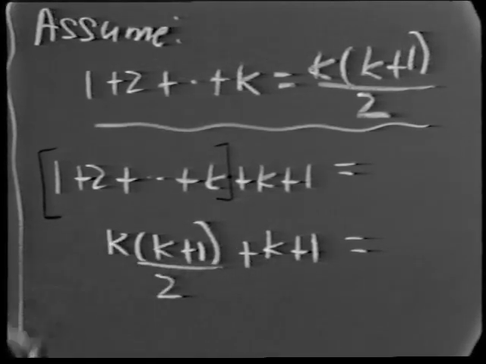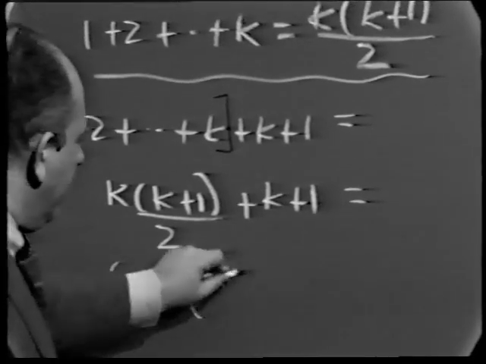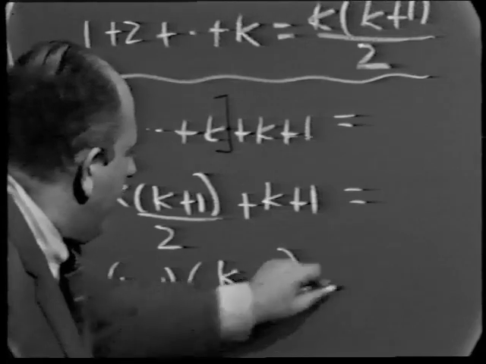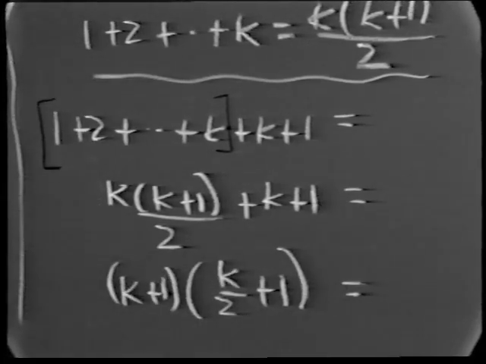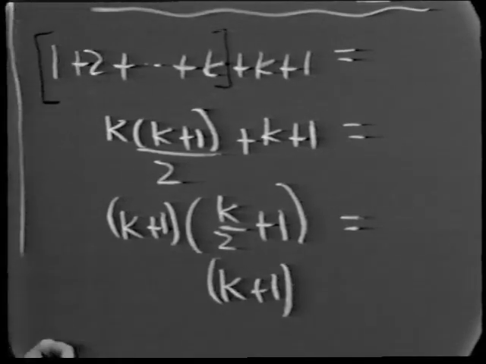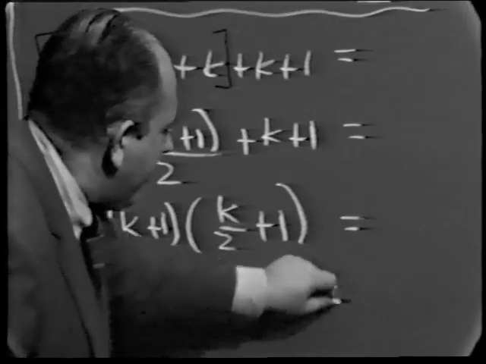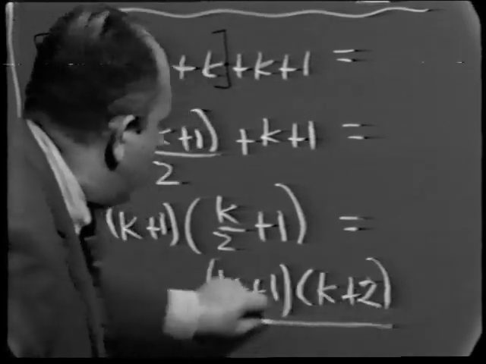Now we factor out k plus 1 from this factor here. That leaves us with what? k over 2 plus 1. And this in turn says what? That the sum of the first k plus 1 numbers is k plus 1 times k plus 2 over 2.